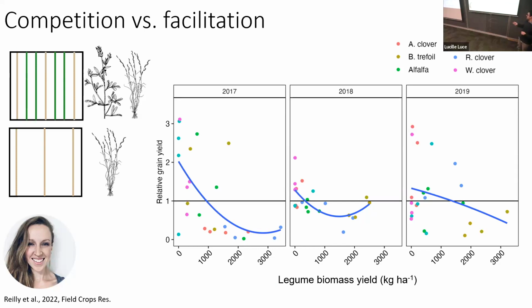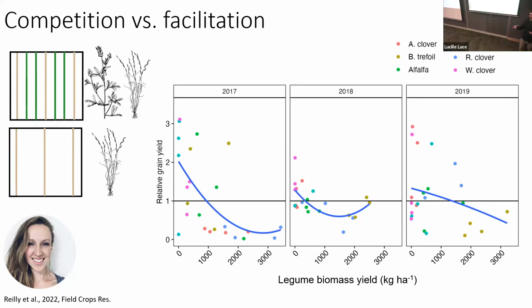So as there's more legume biomass in a plot, we're seeing less grain yield. That makes some sense. The more plants you have in there, the more competition there's going to be.